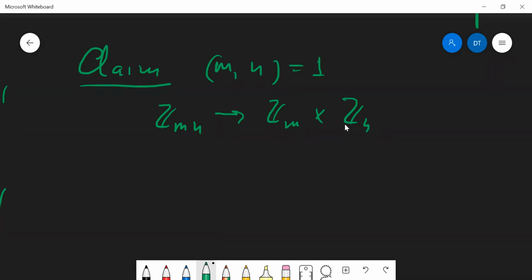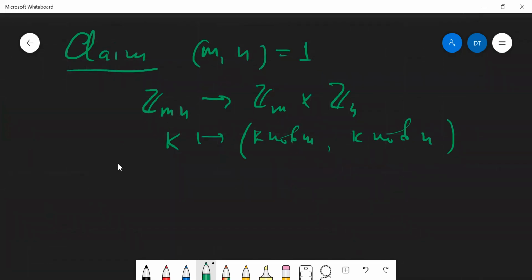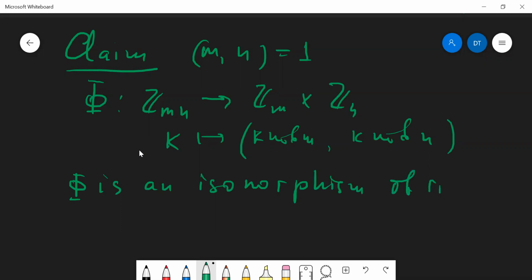The map is given by taking k to k modulo m and then k modulo n. The claim says that this map, let's call it phi, is an isomorphism of rings.